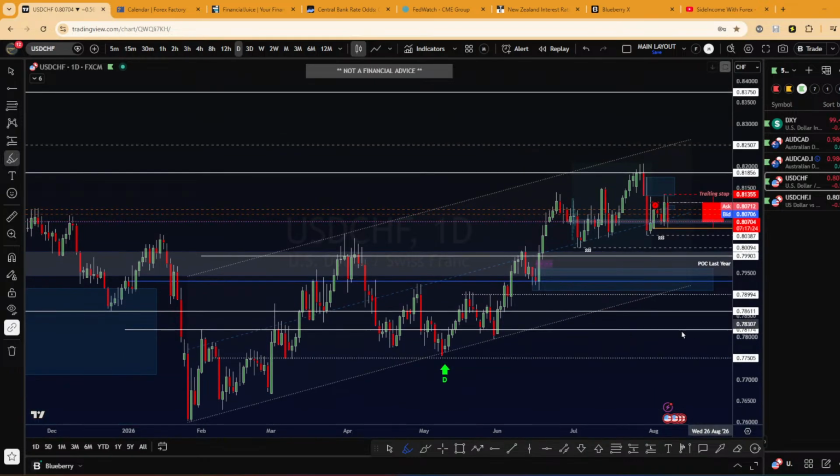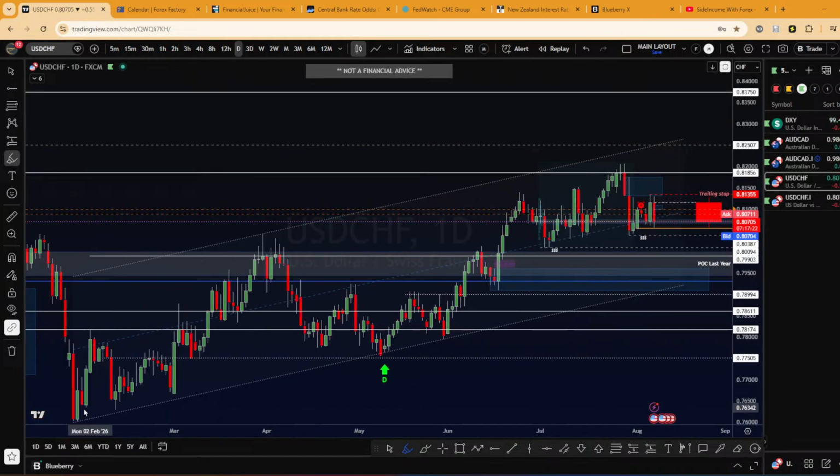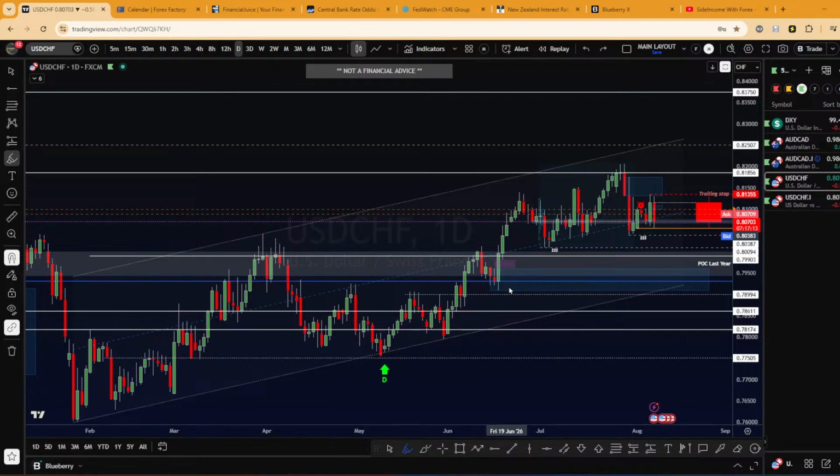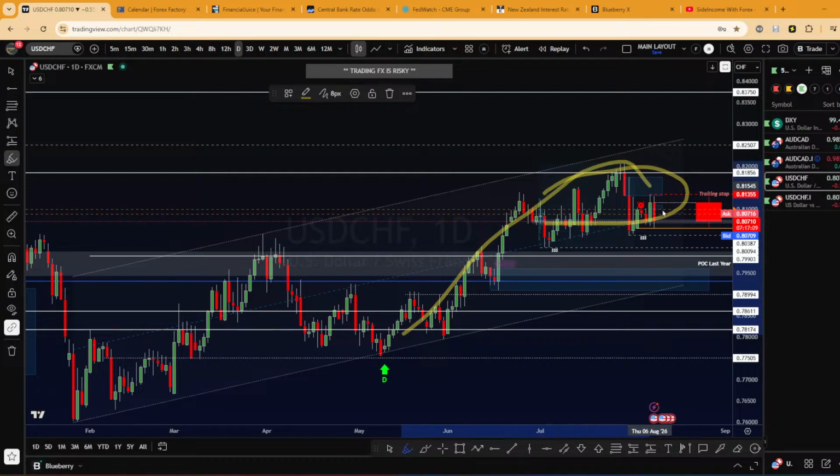So on the daily time frame, we are in a bullish channel. You see, we are bullish from this low to this high, but because I think we are overbought, we need to see some retracement first before a continuation.